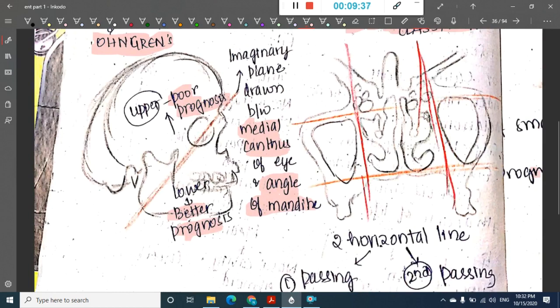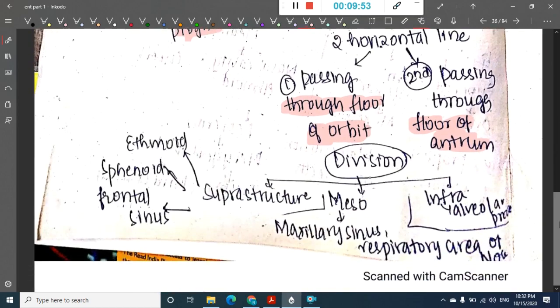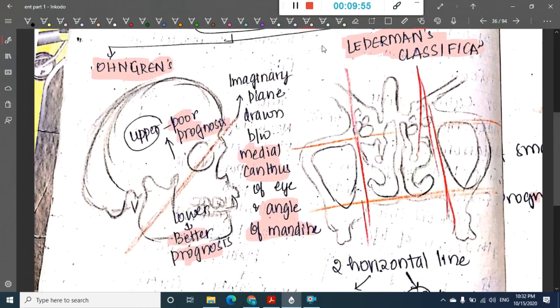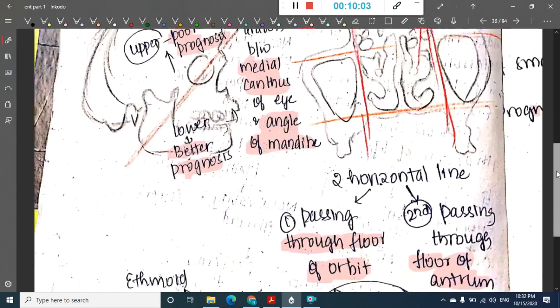So the first one is passing through the floor of the orbit, whereas the second horizontal line is passing the antrum of the maxillary sinus. These are the two lines, and we also have two vertical lines which pass through the medial border of the orbit, and this will divide the whole skull into 9 parts.